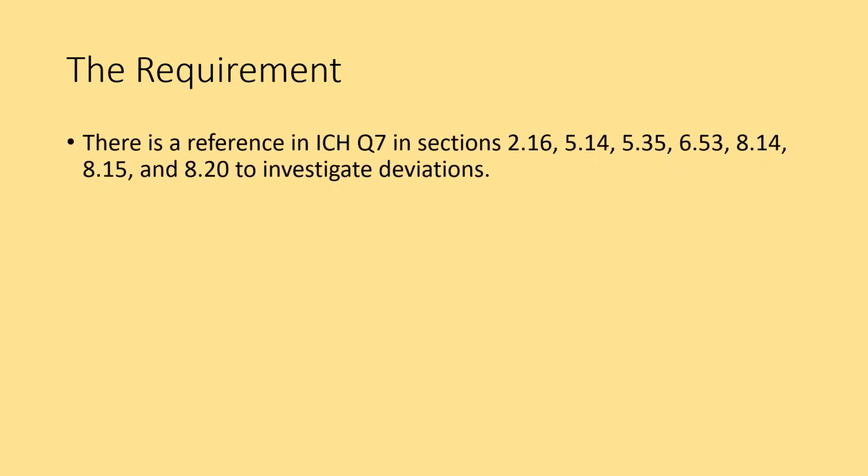There is a reference in ICH-Q7 in sections 2.16, 5.14, 5.35, 6.53, 8.14, 8.15 and 8.20 to investigate the deviations for the reasons for failure.